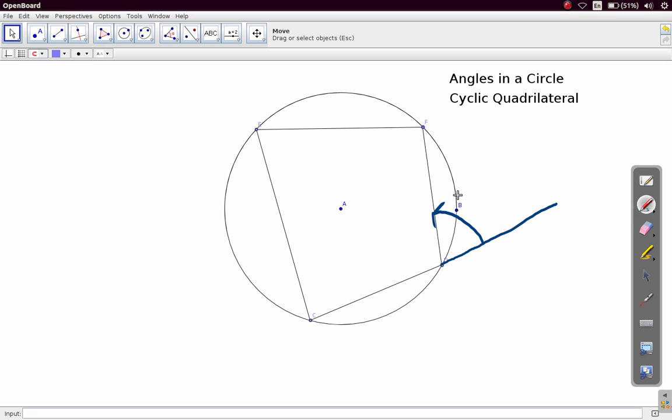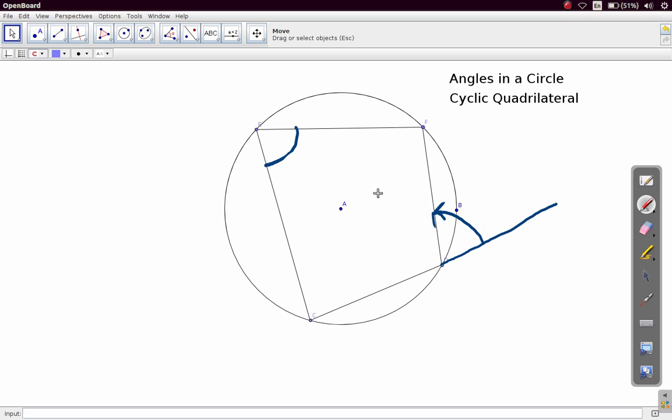Alright, I find that angle, and on the opposite side up here, I find this angle. What this statement is saying is that the exterior angle of a cyclic quadrilateral is equal to the interior angle, where this is the exterior angle and this is the interior angle. That they are always equal. Is that really so?